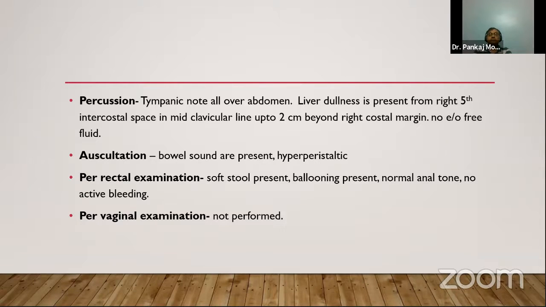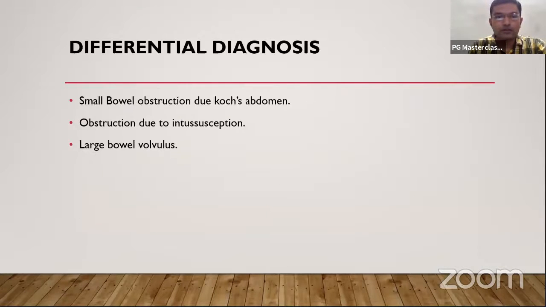For rectal examination, soft stool was present and ballooning was present. The anal tone was normal and no active bleeding. Okay. Sir, at this point, the differential diagnosis could be small bowel obstruction, obstruction due to intussusception, and it could be a large bowel volvulus. Why do you say large bowel volvulus?